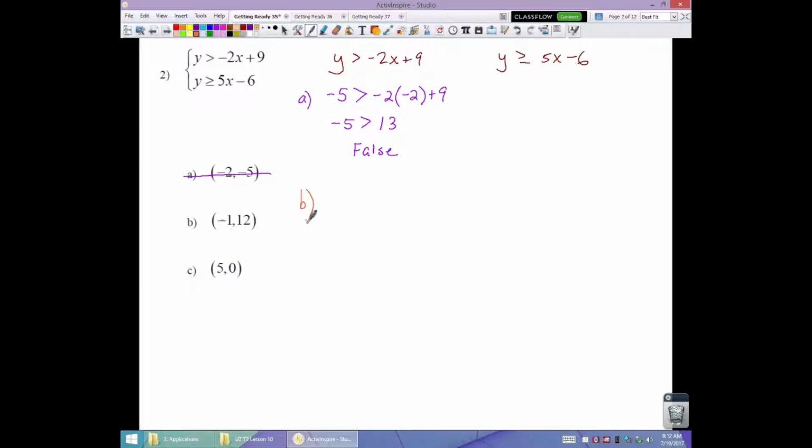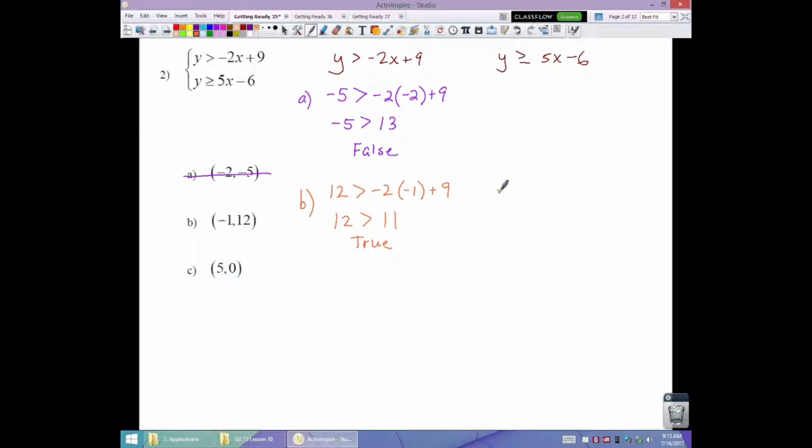B, negative 1, 12. So replace the y with the 12, greater than negative 2 times negative 1 plus 9. So 12 is greater than negative 2 times negative 1 is 2 plus 9 makes 11. Well, that one's true. 12 is greater than 11.